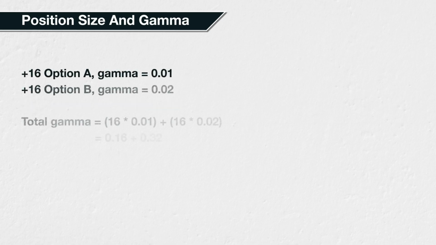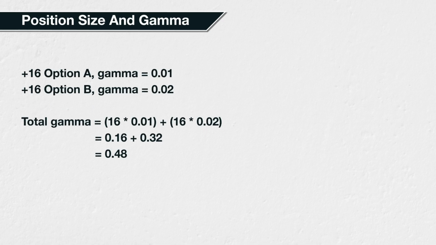If you purchase 16 puts with a gamma of 0.01 and purchase 16 puts with a gamma of 0.02, the total gamma of your position is 0.48. This is calculated as 16 multiplied by 0.01 plus 16 multiplied by 0.02, which equals 0.16, plus 0.32, which equals 0.48. This means you would expect the delta of the position to increase by 0.48 if the underlying price increases by $1 and all else remains equal.